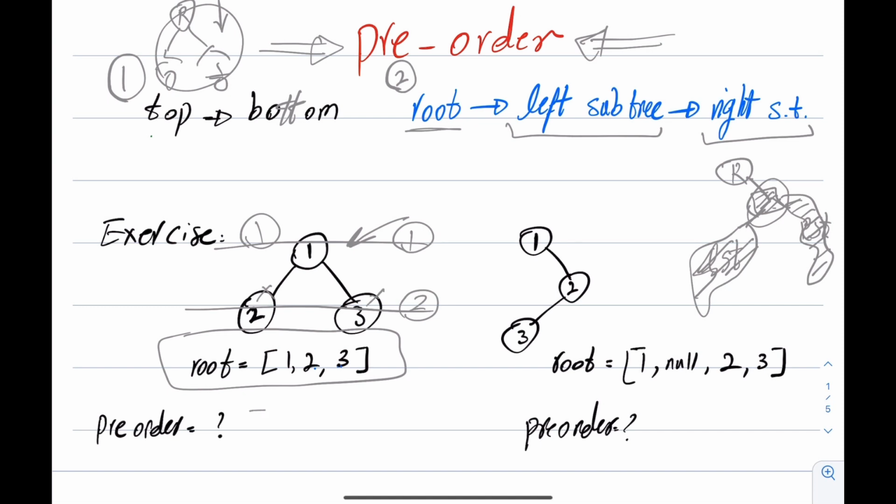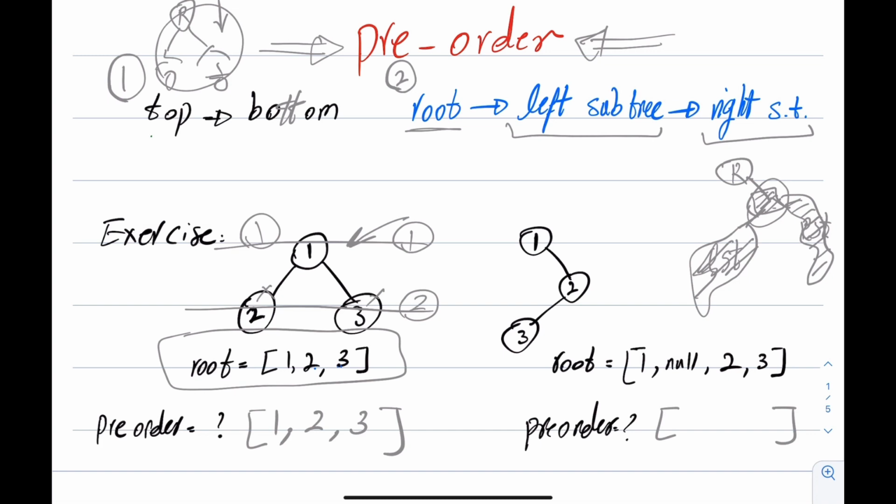And they ask you to process or traverse the tree using a pre-order approach. What you do is you start from the root, you add 1. If there is a left subtree, you go left, which there is here, you add 2, and then you cover the right subtree. So basically 1, 2, 3 is the correct thing here.